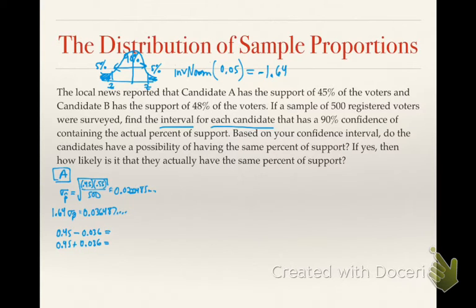When I calculate that out, I get 0.414, 0.486. So that means for candidate A, let's write it as percents. Percents are nice to deal with. So 41.4% is less than or equal to the proportion of the population for candidate A, which is less than or equal to 48.6%.